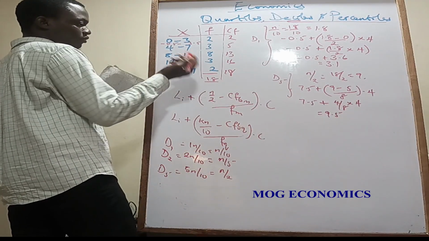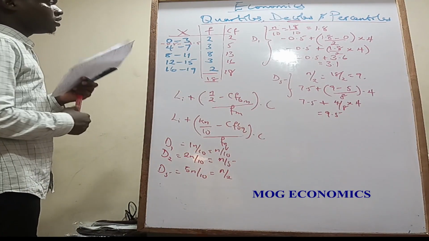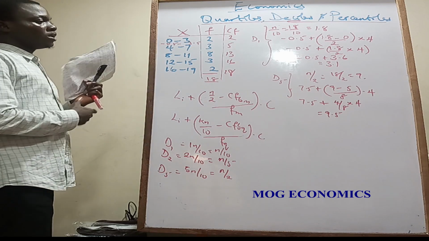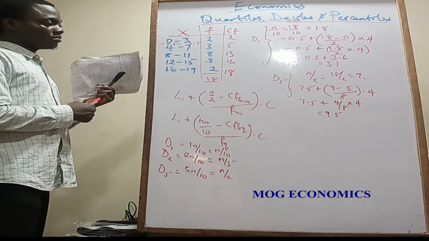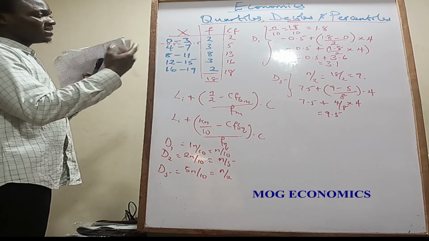And remember that this followed the normal distribution, where the mean, median and mode were equal. So that's that about deciles.